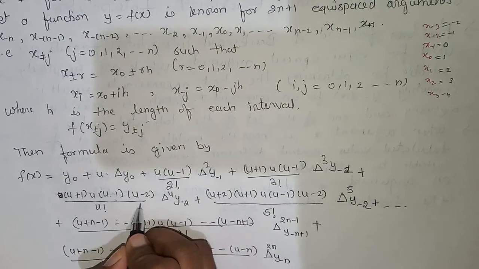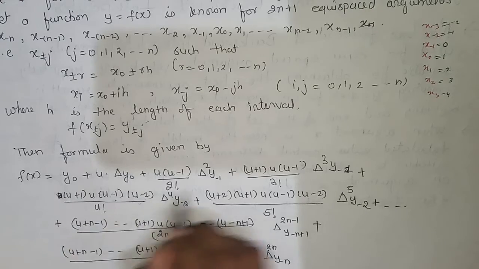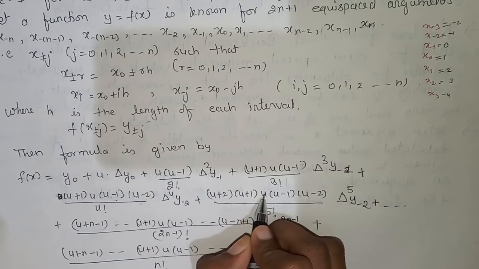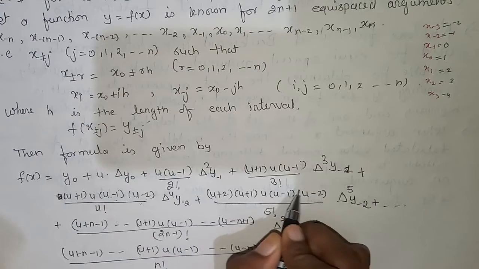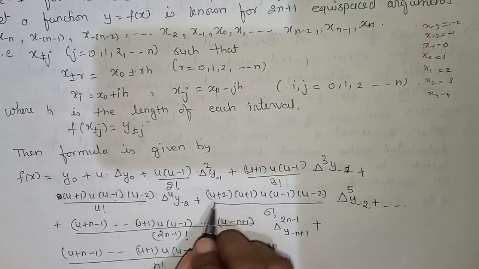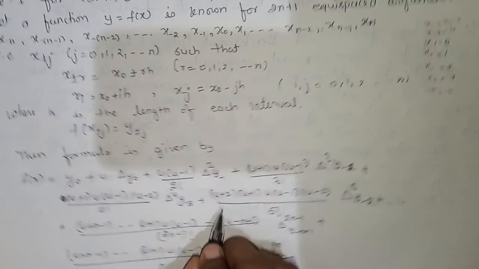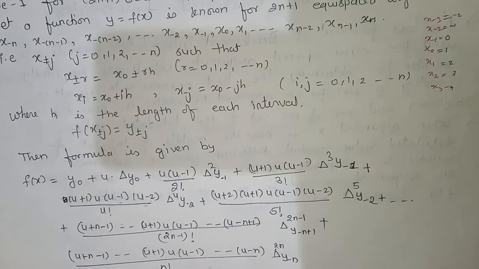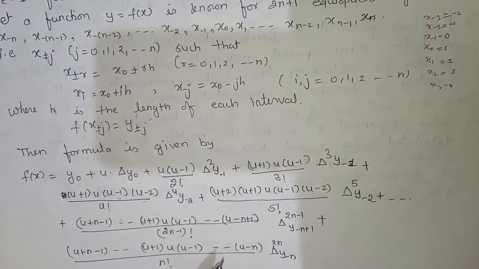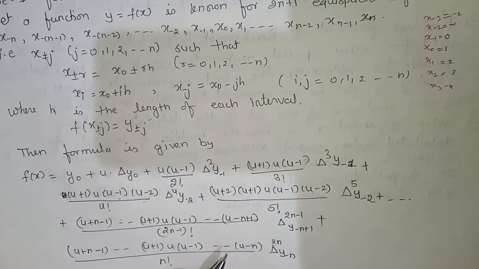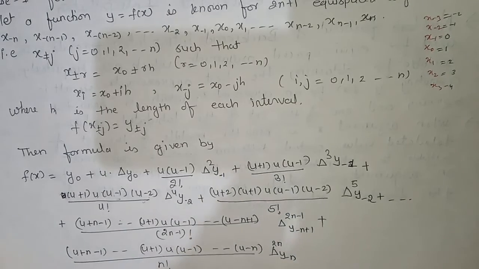In this term we had subtracted one value, so next time we add one value. So we have already u plus 1, u minus 1, u minus 2. Now we add 2 to u, so u plus 2. In this way we go up to the nth value. So this is the formula for odd equispaced arguments for Gauss forward interpolation.